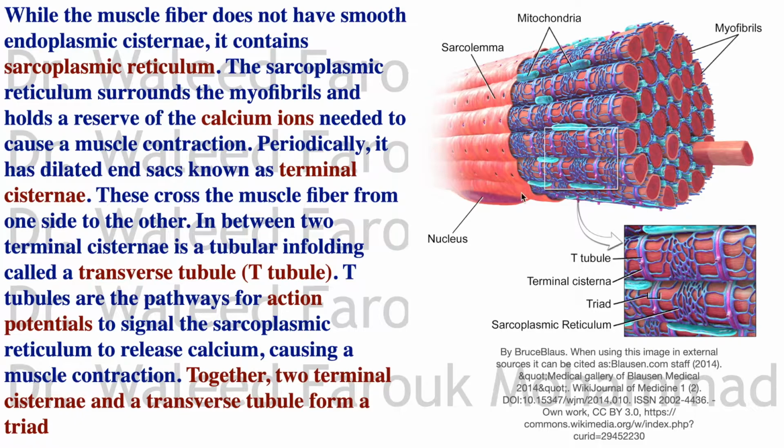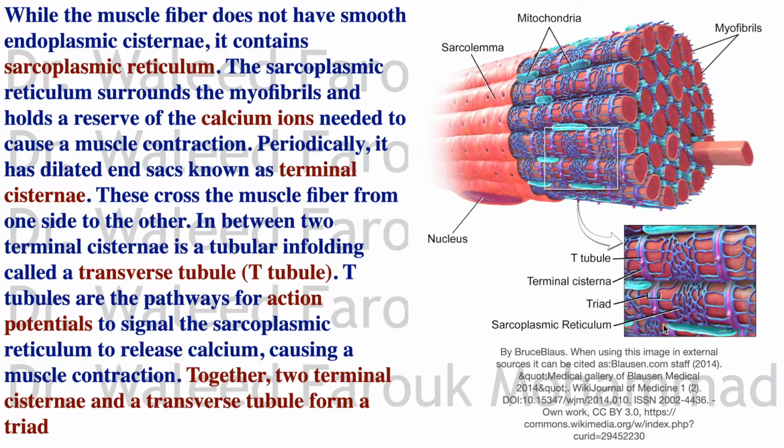And it ends on each side by a structure called the terminal cisterna, and between the two terminal cisternae of adjacent sarcomeres, there is an extension or tubular fold called the transverse tubule.